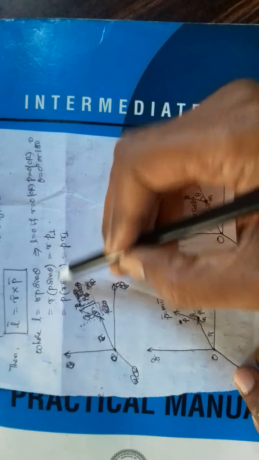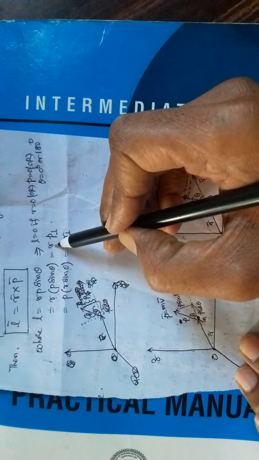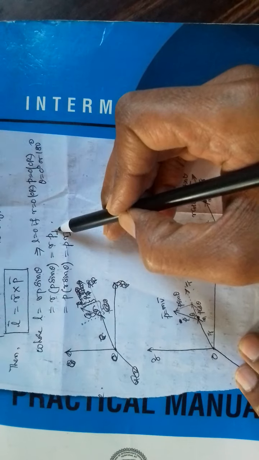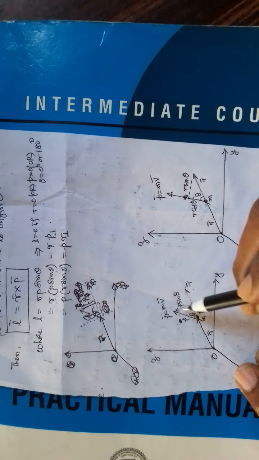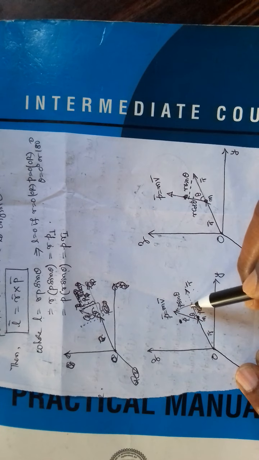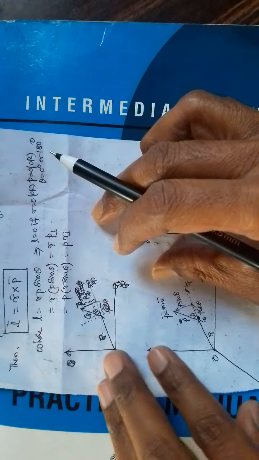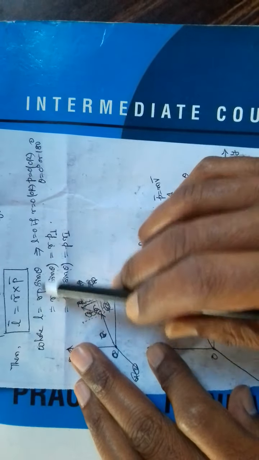See here, angular momentum is defined as the product of r and the component of p perpendicular to r. This can be defined in another way also. This can be written as p into r sin theta.